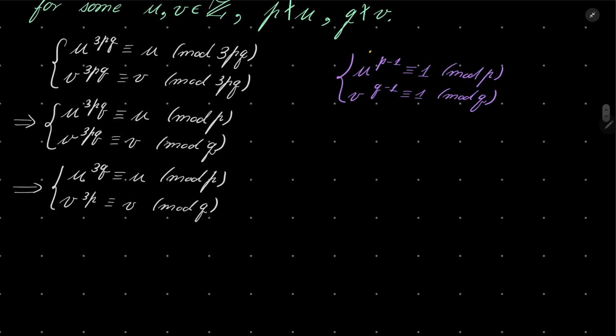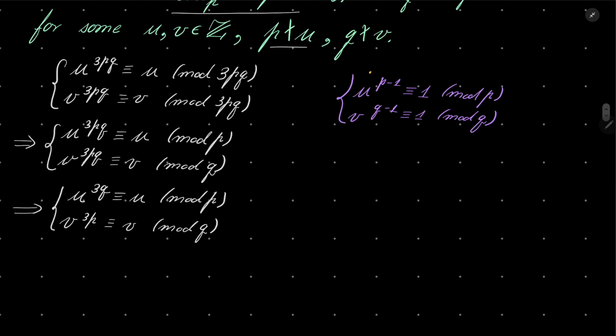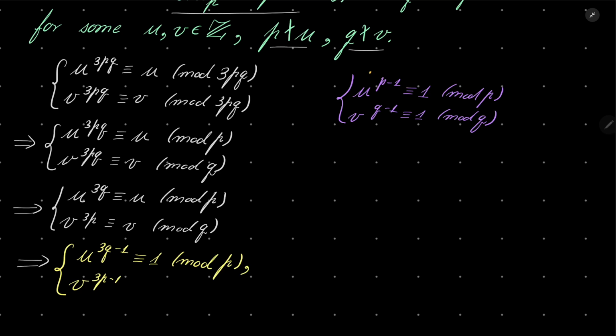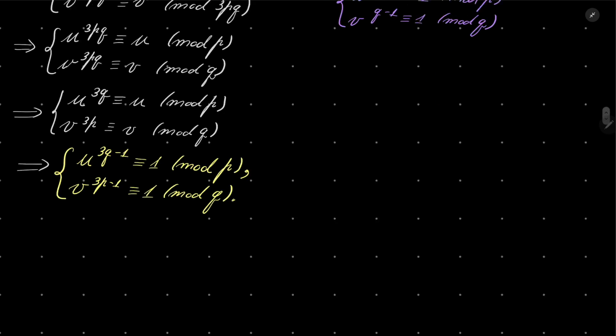And now, since u is coprime to p and v is coprime to q, we may divide first by u, second by v, and we have u to the power 3q minus 1 is congruent to 1 modulo p, and likewise v to the power 3p minus 1 is congruent to 1 modulo q. Very well.